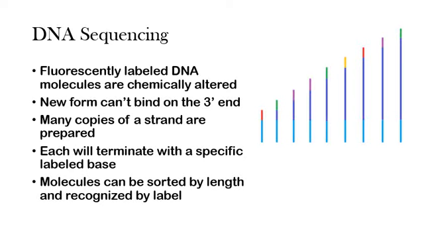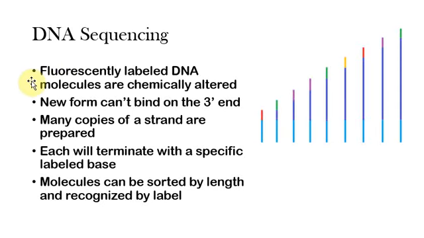It eventually led to the sequencing of entire genomes, all the genetic material of an entire organism. That's a huge amount of data, and we'll be getting into genomes in our next video, so I'll save some of that. In this slide, we're going to talk about DNA sequencing.